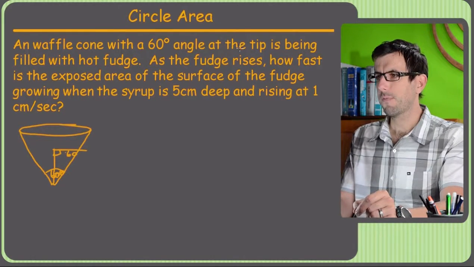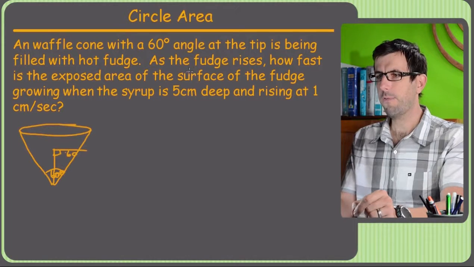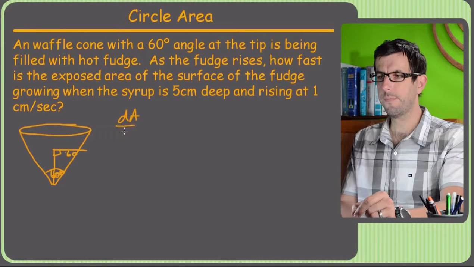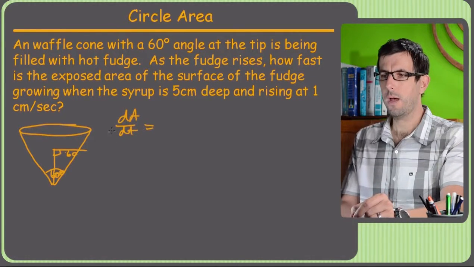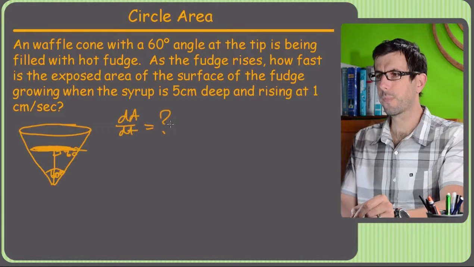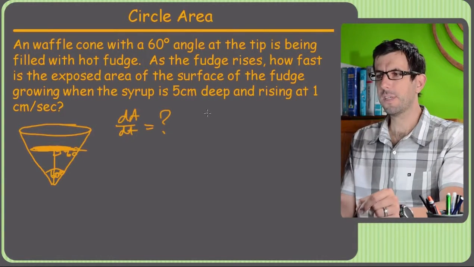The tip is being filled with hot fudge. As the fudge rises, how fast is the area of the exposed fudge growing? They're asking for dA/dt of the fudge itself, like this little circle of fudge at the top of whatever level we're at. How fast is the area of that little circle growing when the syrup is 5 centimeters deep?